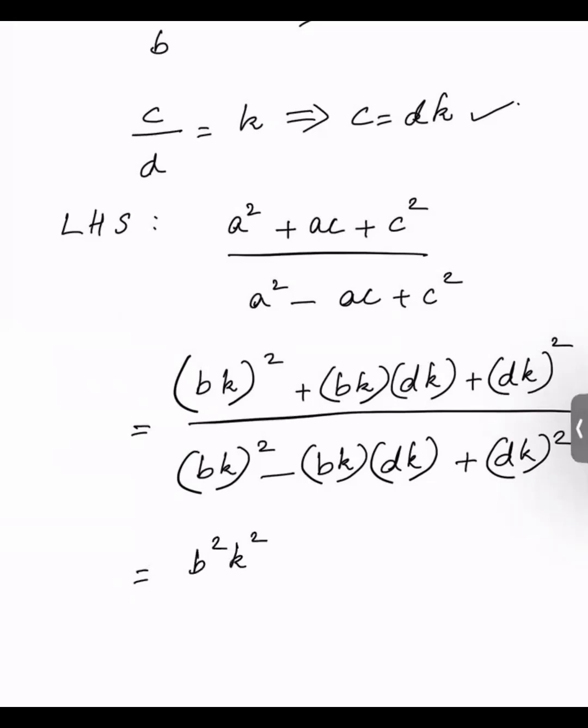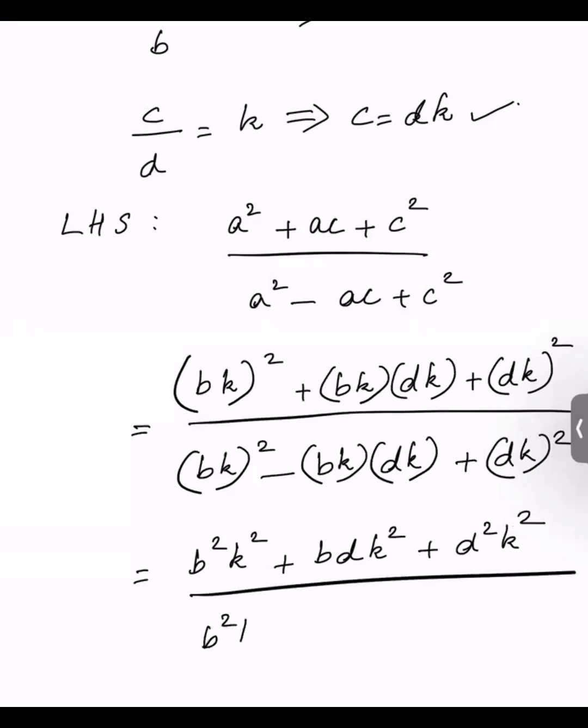B square K square plus BD K square plus D square K square divided by B square K square minus BD K square plus D square K square. This is what I'm getting.